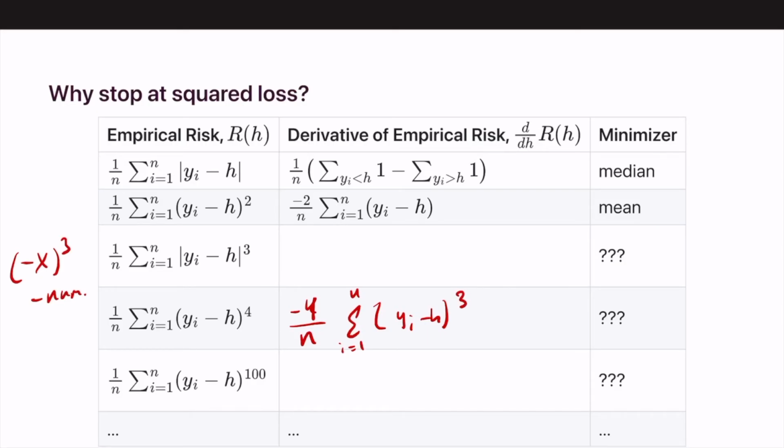Then we'll set this equal to 0 and solve for it, and this is how we'll find the minimizer. And this minimizer wants to be very close to the mean, not necessarily the same, but pretty close.